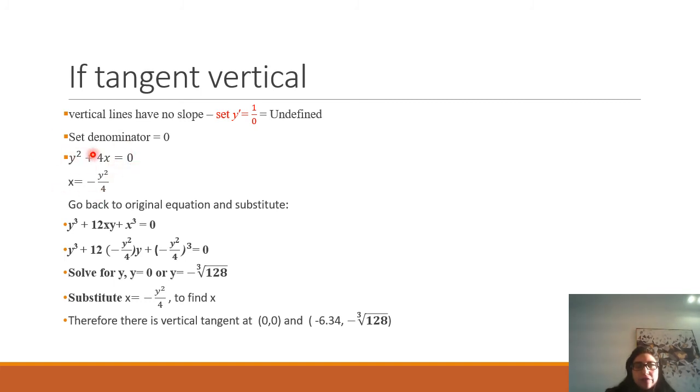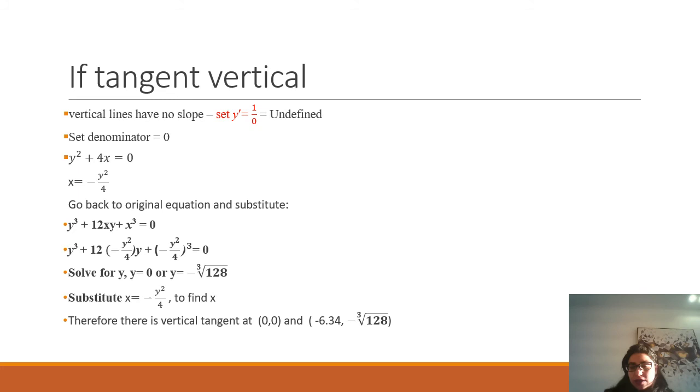And then I got a relationship, x equals minus y squared over 4. I went back to the original one, which is this one, and substituted x equals minus y squared over 4. I solved for y. And guess what? I found that it's just the opposite of the previous points. Okay? And then I got the points where the tangent line is vertical.